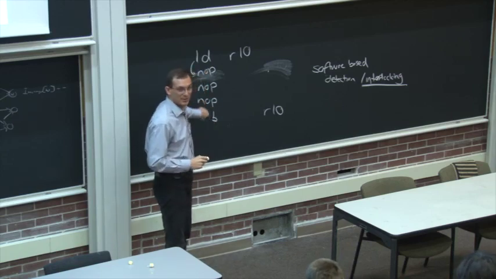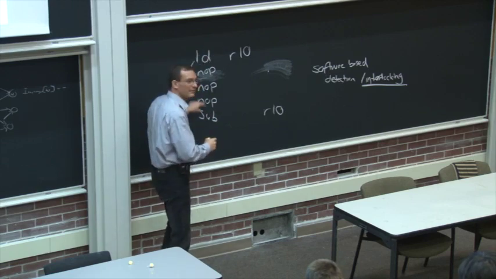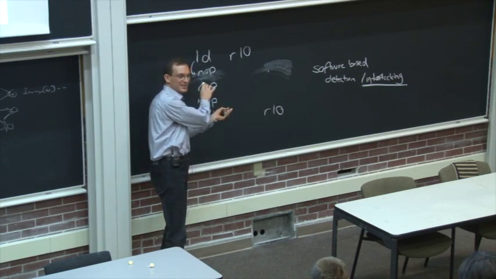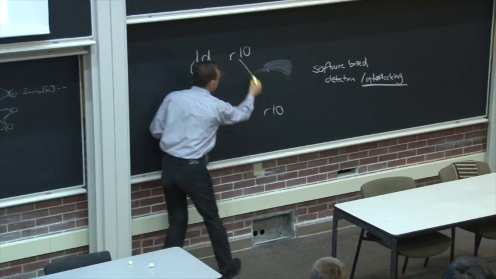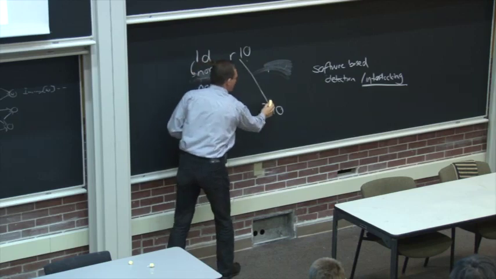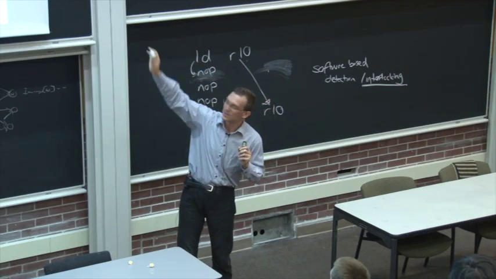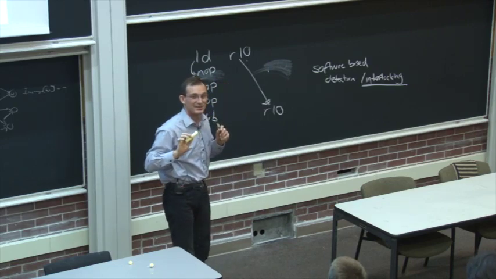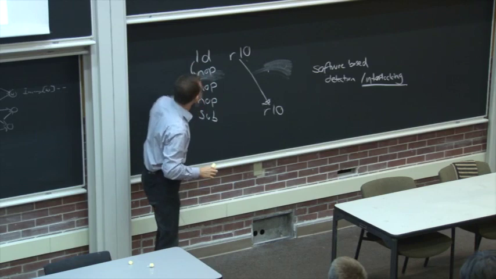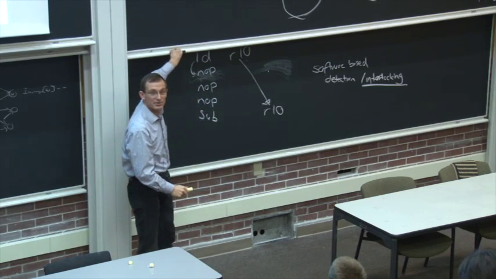And this may not need to be no-ops, right? Remember the example I gave over there? Maybe you can find some independent instructions to put over here. That way, this dependence is kind of eliminated. Hardware doesn't need to do the detection job, right? Make sense? And this is exactly the reason why those sophisticated techniques to schedule instructions were developed.